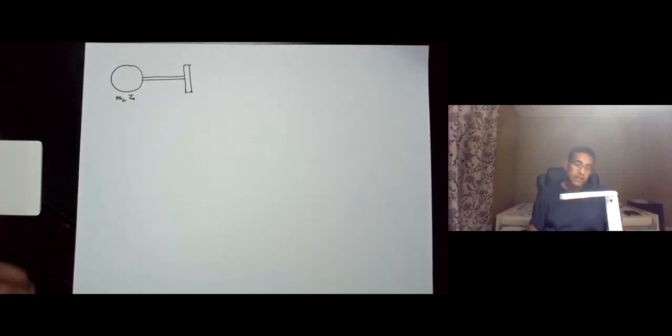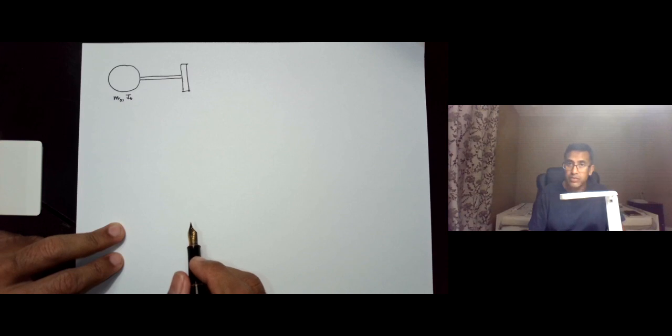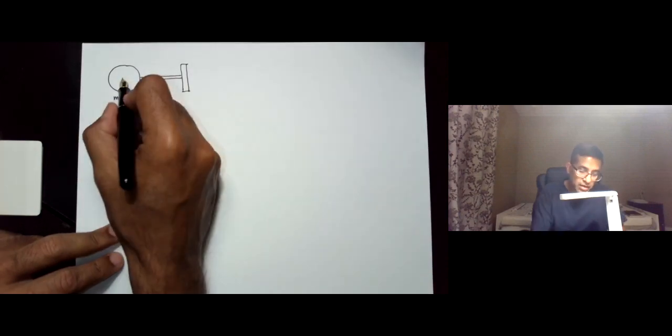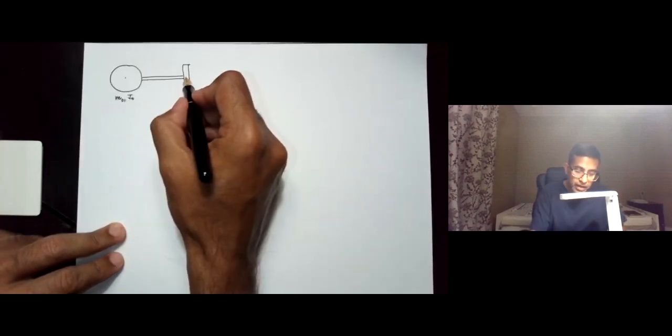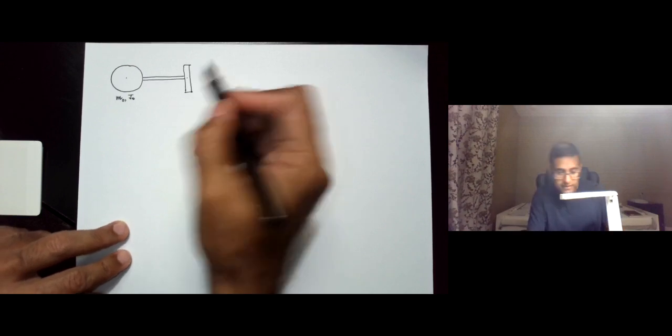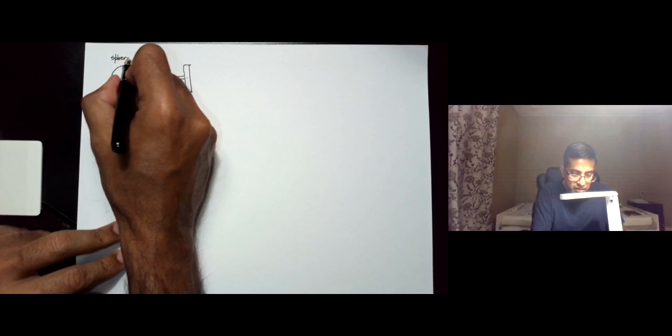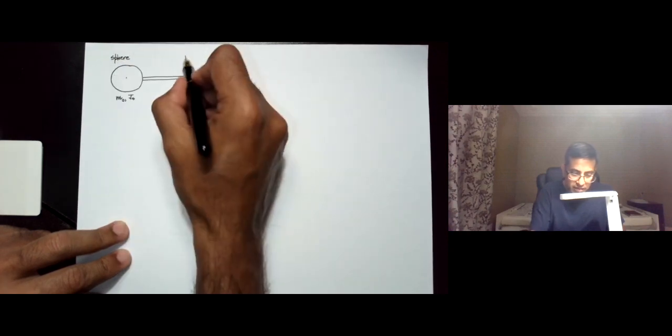Since it's a sphere, the moment of inertia is the same about whichever axis you consider through the center of the sphere. So this is a sphere and this is a disk.